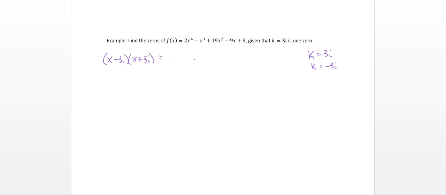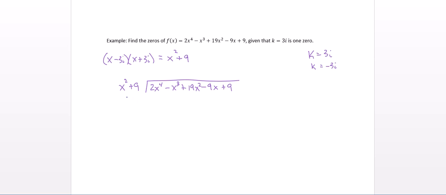My zeros turned into factors. x times x is x squared. Positive 3ix and a negative 3ix cancel out. So I'll have a negative 3 times 3 is 9. i squared is the same as negative 1. So I'm going to take x squared plus 9 and divide it into 2x to the 4th minus x cubed plus 19x squared minus 9x plus 9.